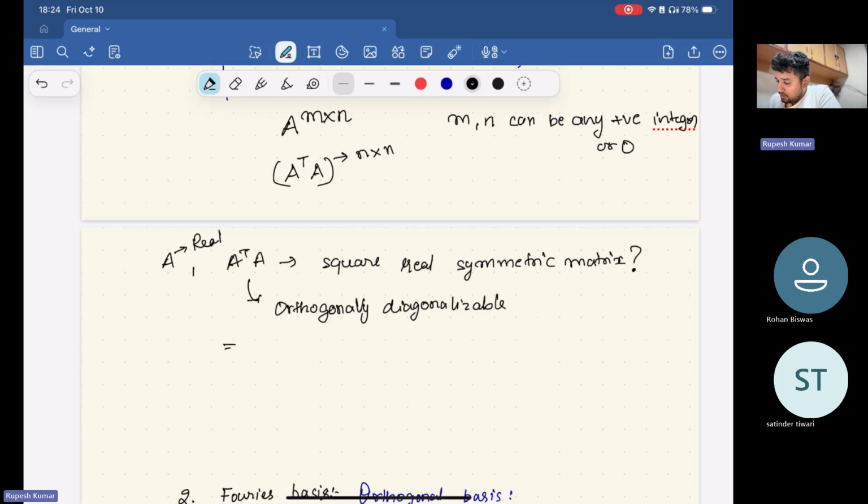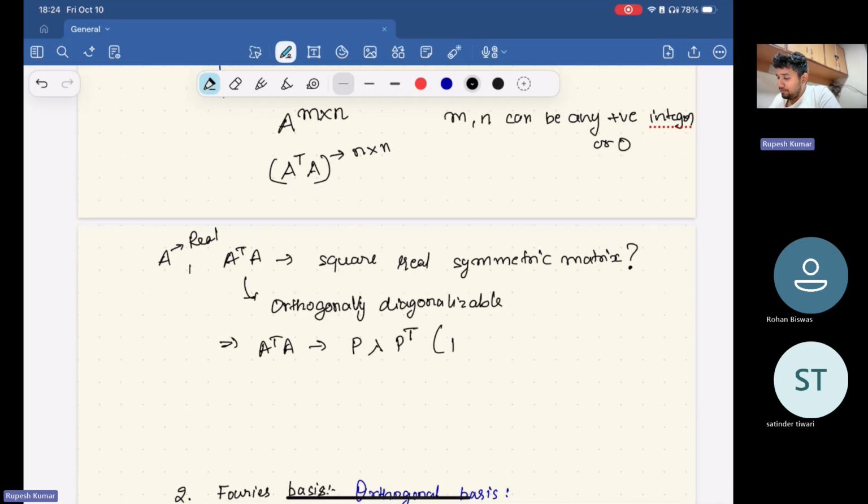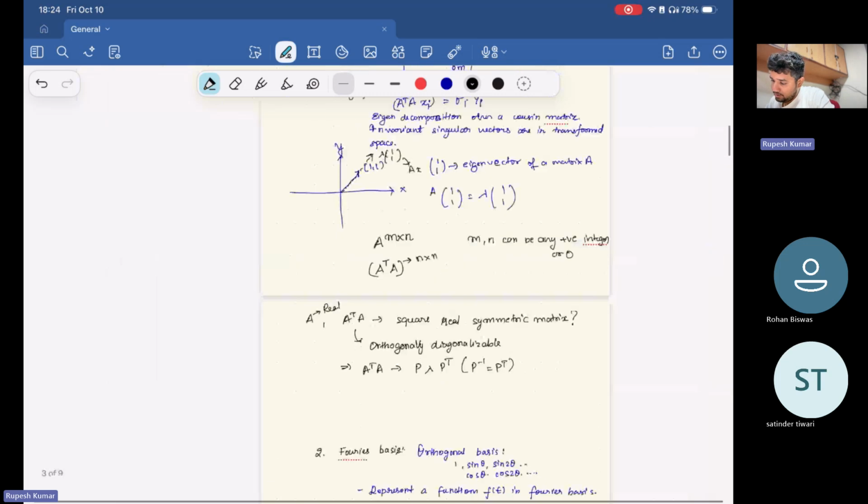Diagonalizable means you can write A transpose A as P lambda P transpose. Why am I writing P transpose instead of P inverse? Because P inverse equals P transpose, as P is an orthogonal matrix. P is orthogonal because the original matrix is a real symmetric matrix.